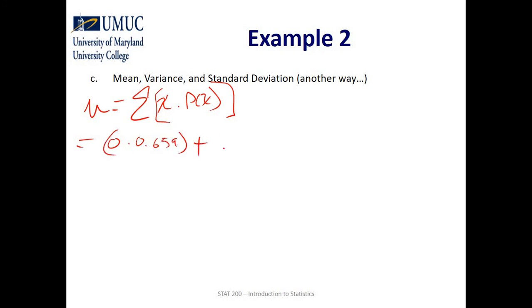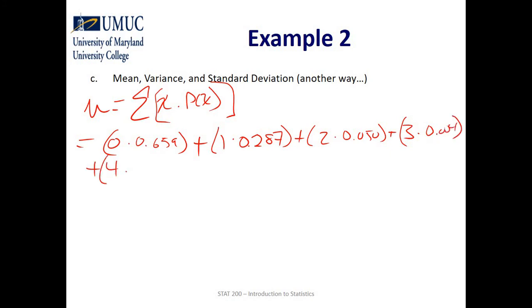We need to add having 1 person with color blindness, the probability of that was 0.287, plus the probability of getting 2 people that are colorblind was 0.050, plus the probability of getting 3 people that are colorblind was 0.004, plus the probability of getting 4 people that are colorblind was 0.001, plus the probability of getting 5 people colorblind, and the probability associated with that was 0.000. We add all those up.